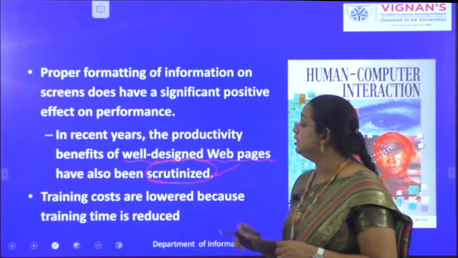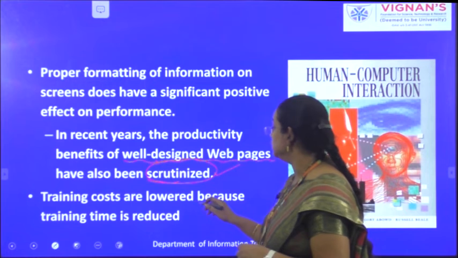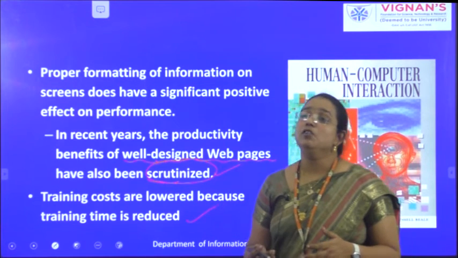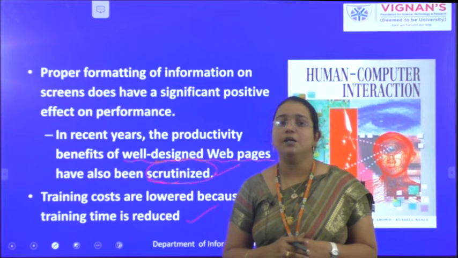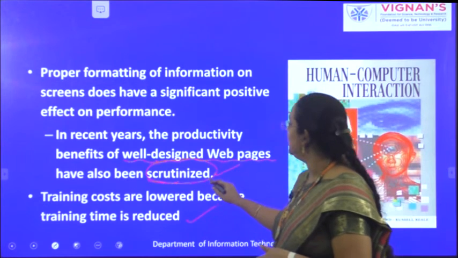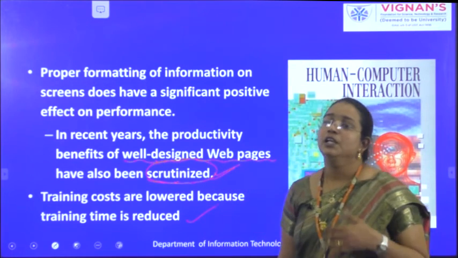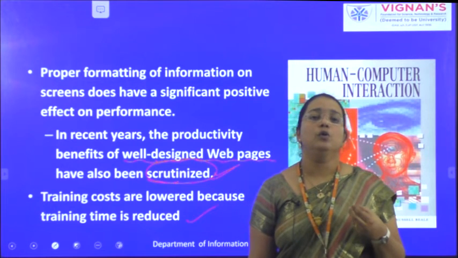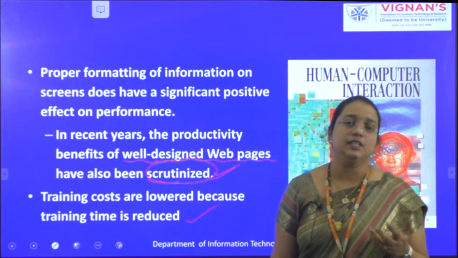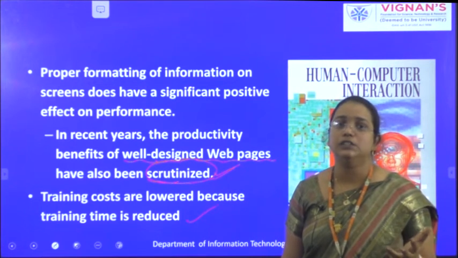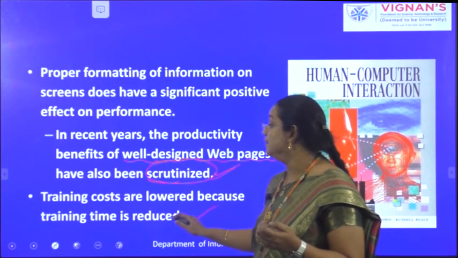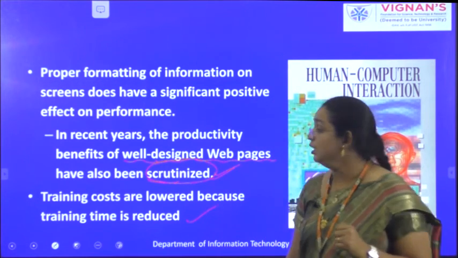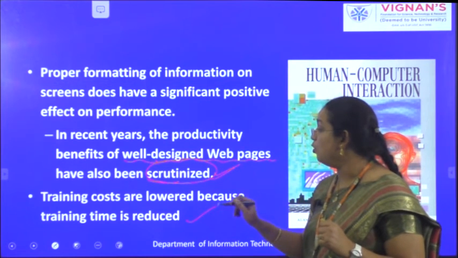If we take care while launching our products, the training cost is lowered because the training time is reduced. Why? If the people who are going to work with a particular system or project have to spend much time with poorly designed screens, it requires training cost.